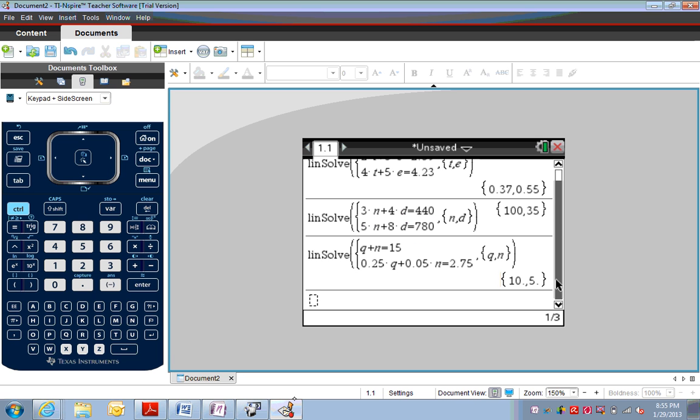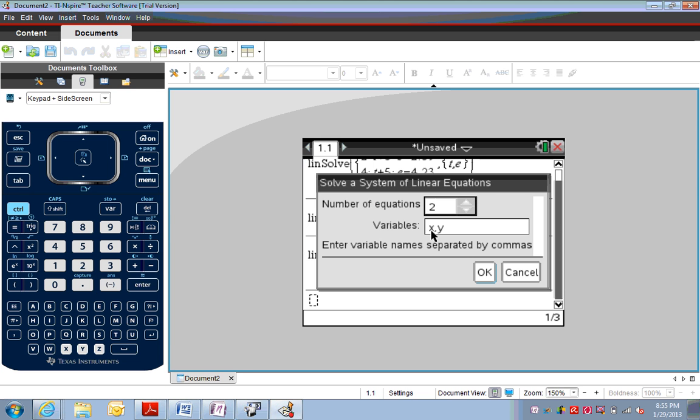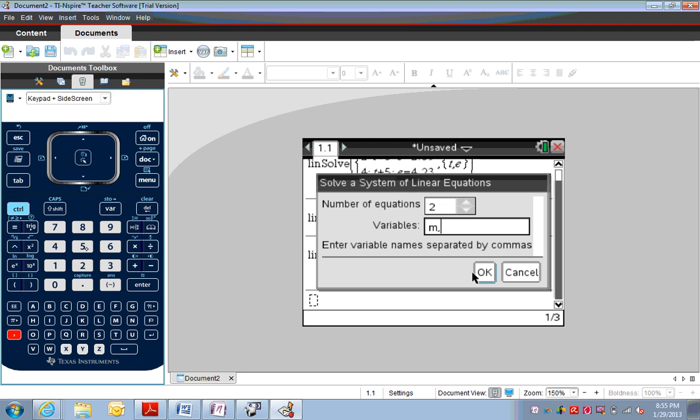So we have our 2 equations, and we can go to our calculator since there's no method specified of how to solve, and type in our system of linear equations. We're in a calculator page, menu, algebra, solve systems of linear equations. Type in our variables, which in this case are M, comma, B. Hit OK.